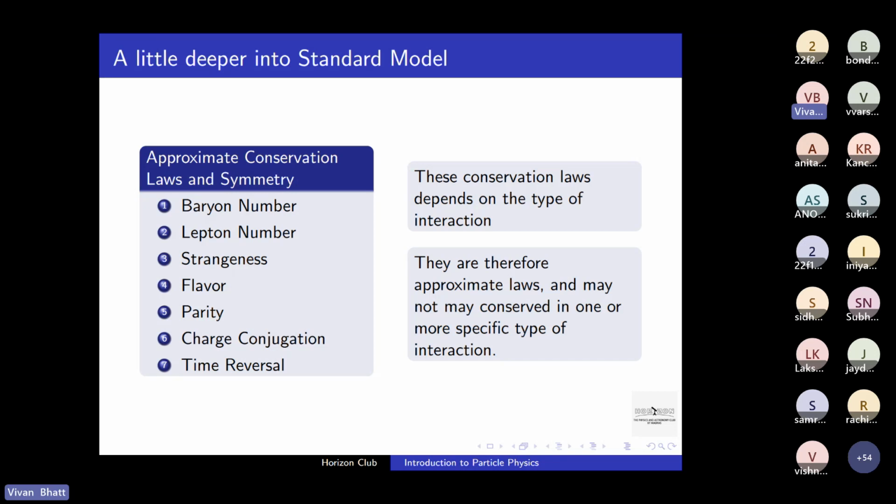Now, just look at baryon number. A baryon is essentially made of three quarks. Your protons and neutrons are the most basic, the lightest baryons, but you have other baryons as well, like the lambda.